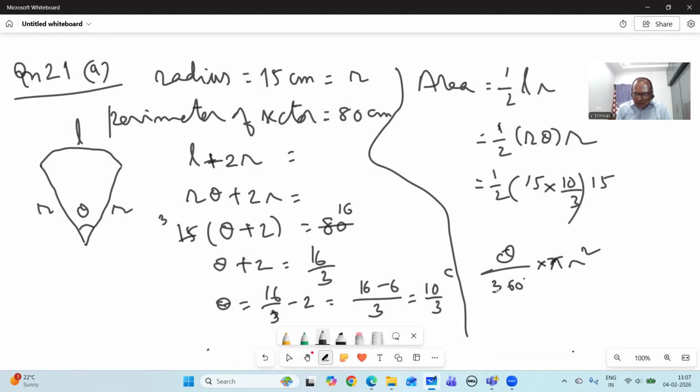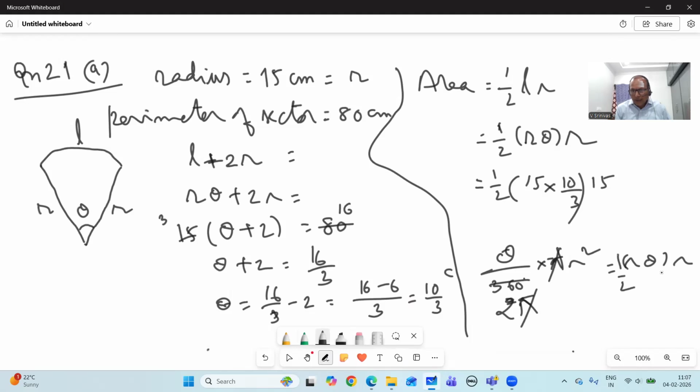And for 360 degrees, you can as well write 2 pi in radians. Pi cancels, and theta into r square can be written as r theta into r, and this 2 remains. 360 is 2 pi, so pi cancels and 2 comes here.